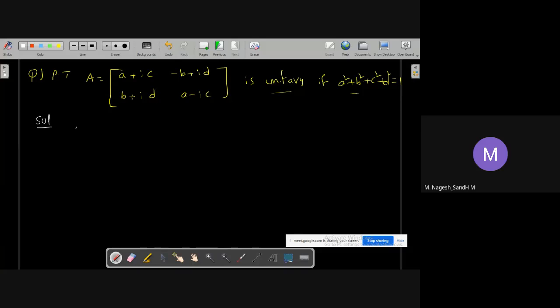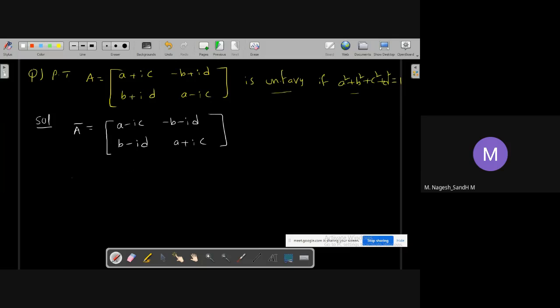A is the given matrix. What is A conjugate? A plus ic conjugate is a minus ic. Minus b plus id conjugate is minus b minus id. B plus id conjugate is b minus id. A minus ic conjugate is a plus ic.